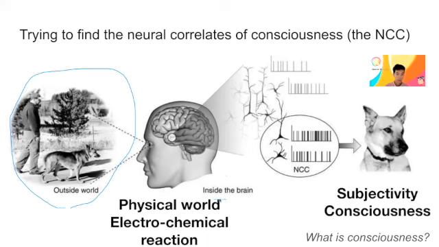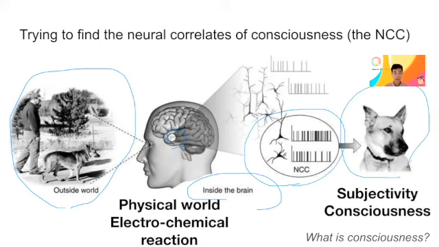And then inside the brain, there are some parts of the brain where you find presumably some kind of NCC of a dog that corresponds to this person experiencing, attending to, this vivid experience of the dog.